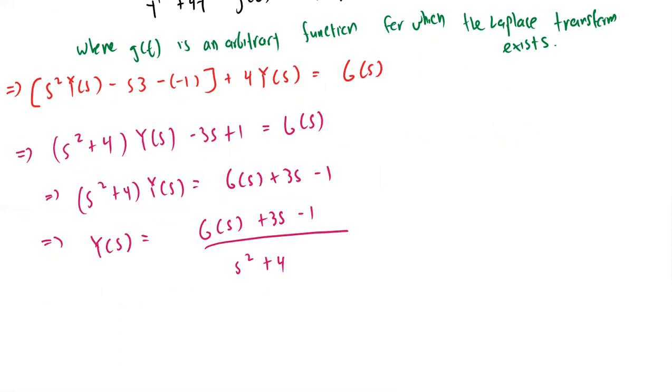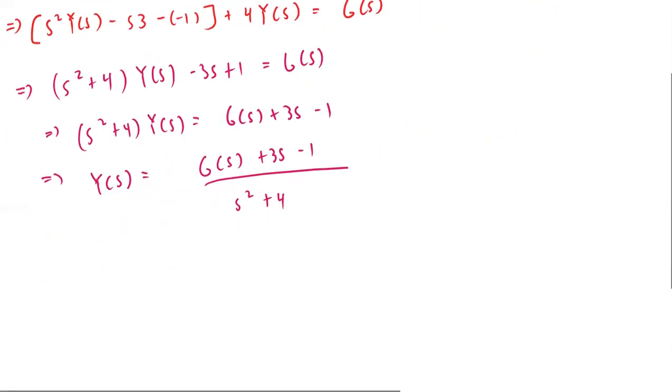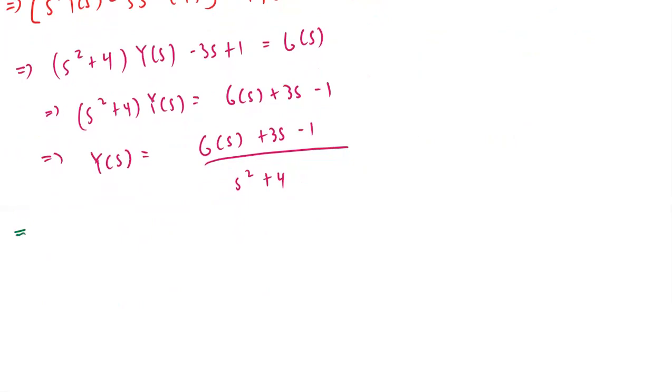Now, we want to find what y of t is, right? So let's take the Laplace inverse of both sides. So y of t is equal to the Laplace inverse of big Y of s. And then by linearity, we're just going to separate this.